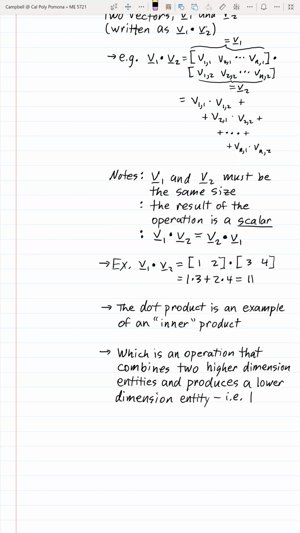We take two one-dimensional, here I'll just do 1D because we have vectors. Those vectors are 1D, two one-dimensional vectors.